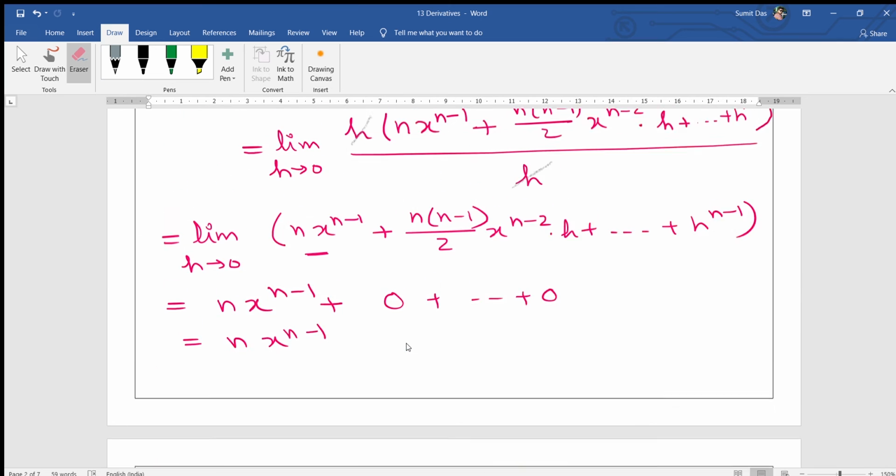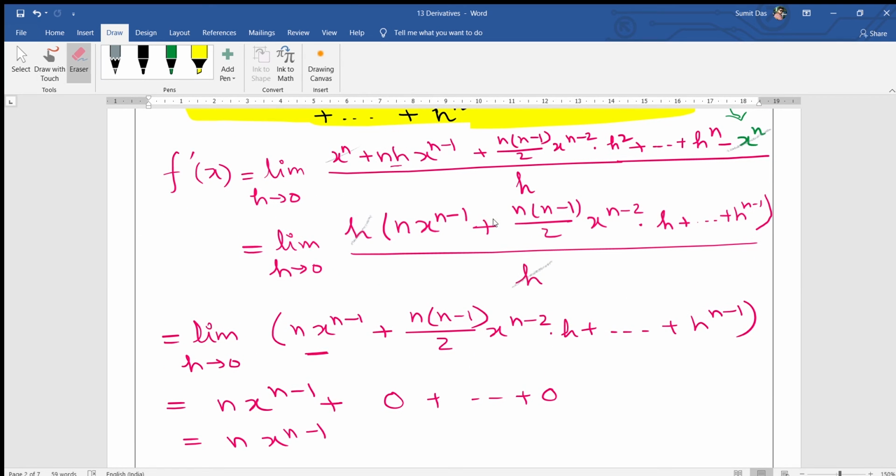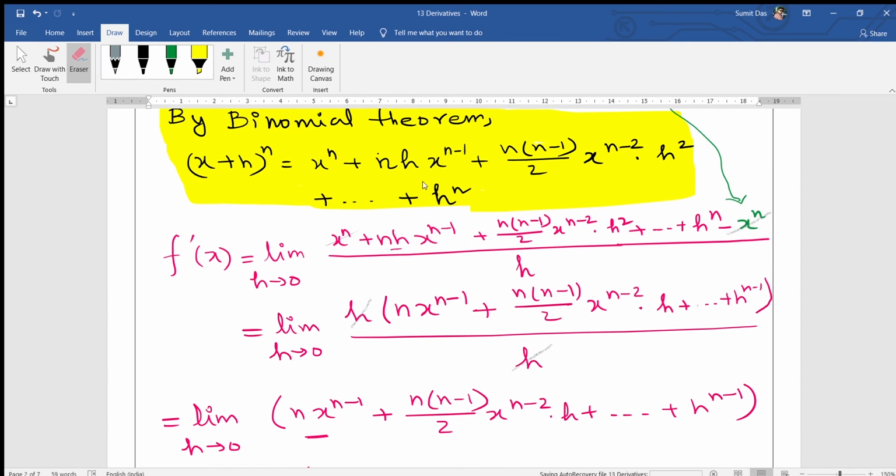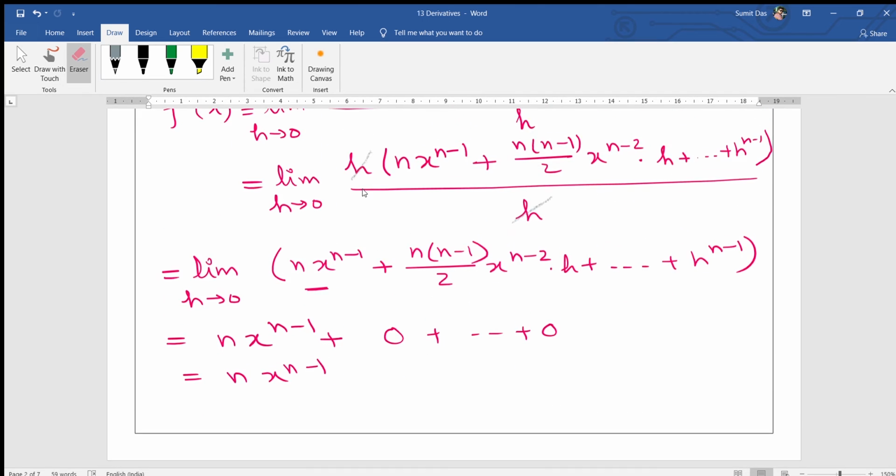Any doubt regarding the previous question? Besides the binomial expansion, binomial expansion for now I can't explain, because this is a completely different chapter. Just remember this formula.